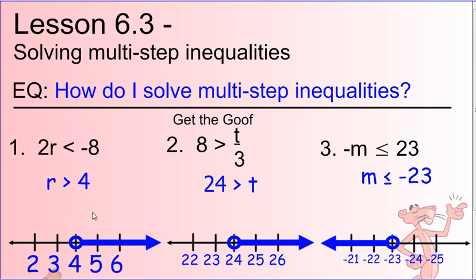So here to solve this, we would divide by 2 on both sides. These would cancel out. R would be less than a negative 4. And I have no clue why they changed the direction of that inequality. You did not divide by a negative, you divided by positive 2.